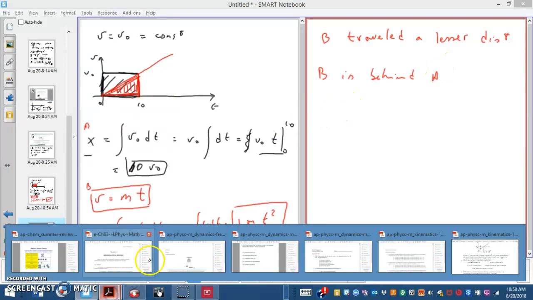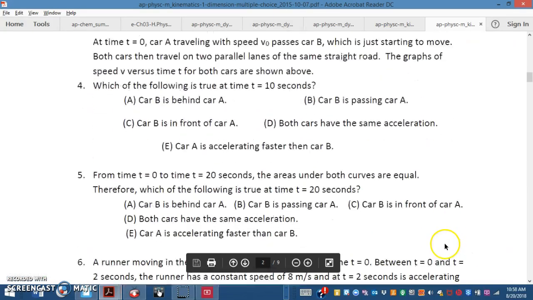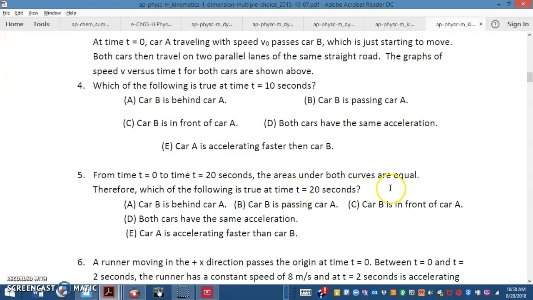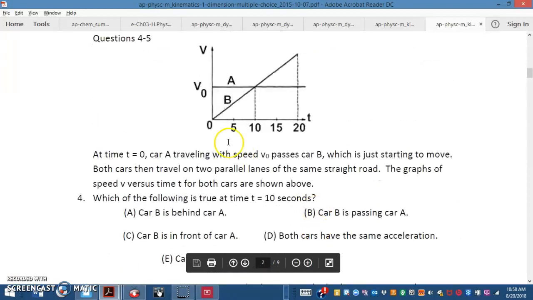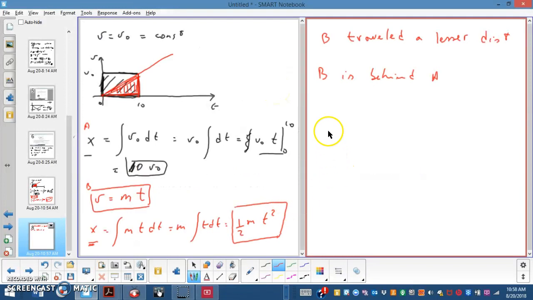What happens instead in the next question? They say between 0 and 20, the areas under those curves are equal. So what is true? Well, go back here. If the area here is the same as this, let me draw it for you. You're looking at this graph here.